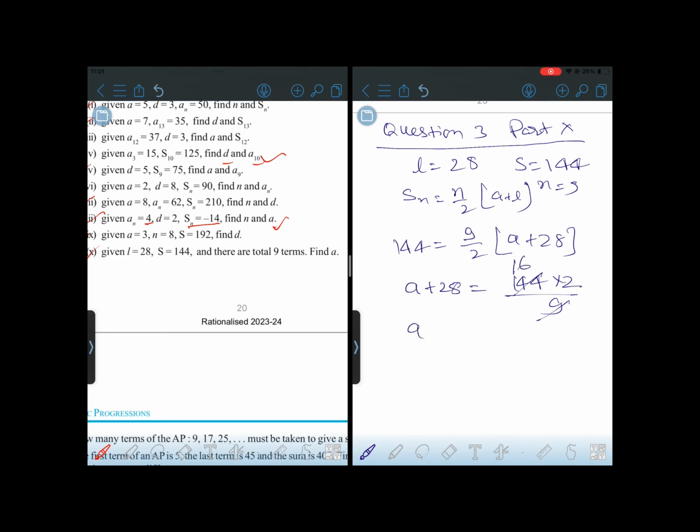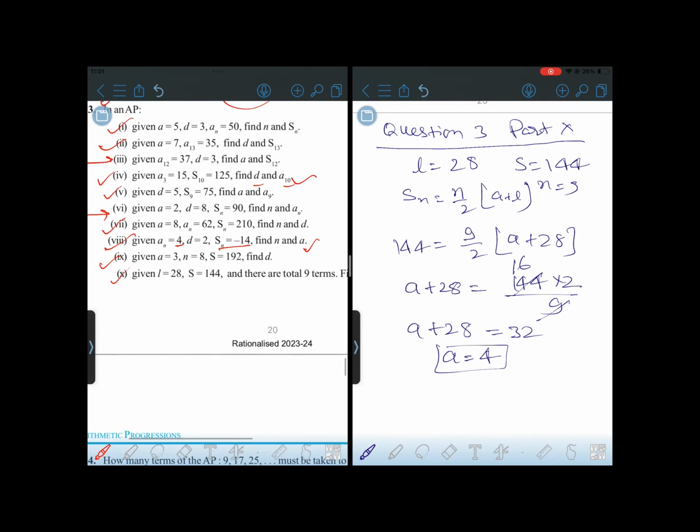And that gives us A plus 28 is equal to 32 and A is equal to 4. So I think all these questions which we have solved till now gives you a very good understanding about how we can utilize the various formulas which we have learned till now in this chapter.